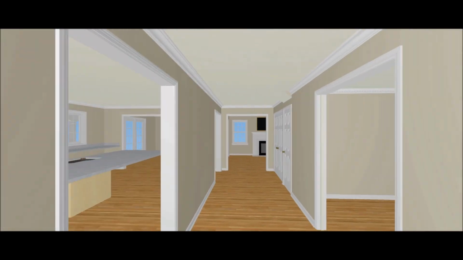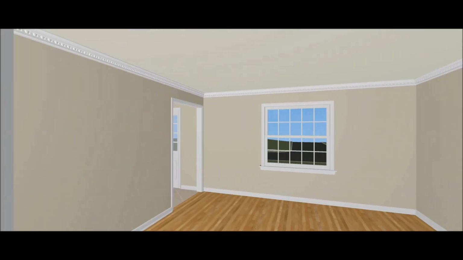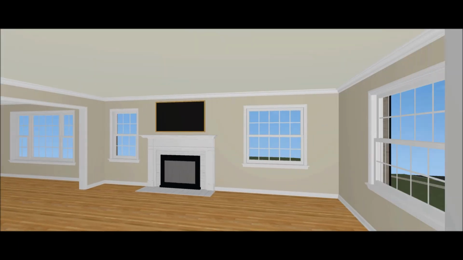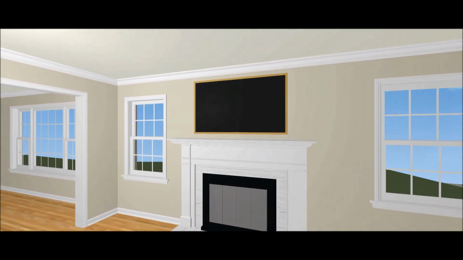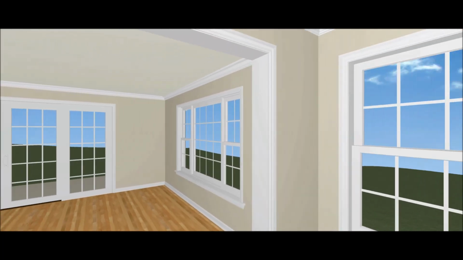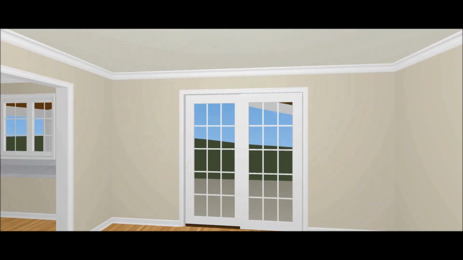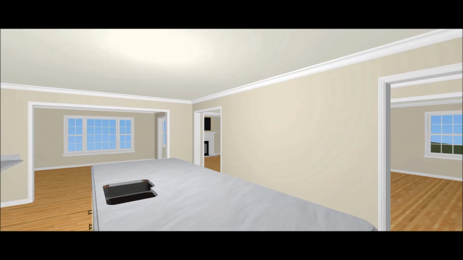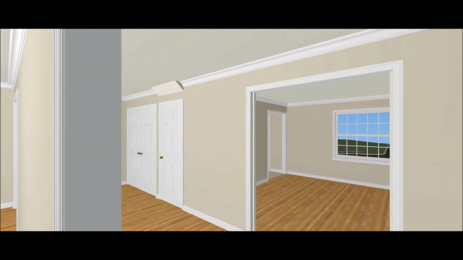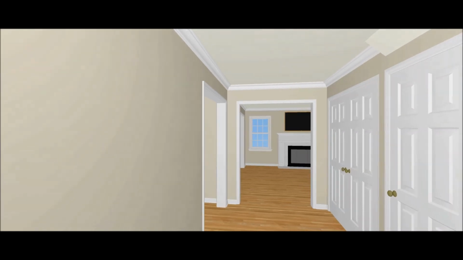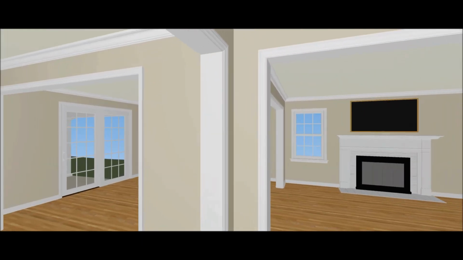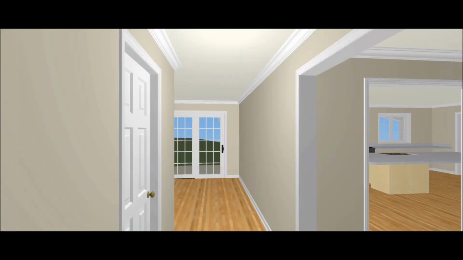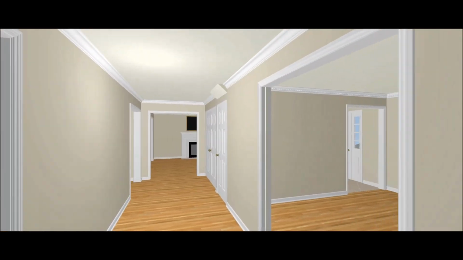Coming in here again with the television and the window still in place. And the last take of the whole film is going to be with that window gone.